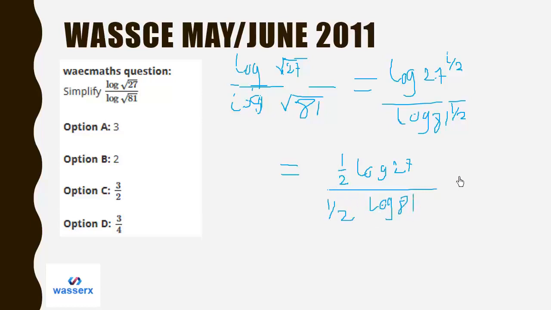So this can cancel this now, and we are left with, the 27 can be rewritten as 3 raised to the power 3. Then the 81 can be rewritten as 3 raised to the power 4.